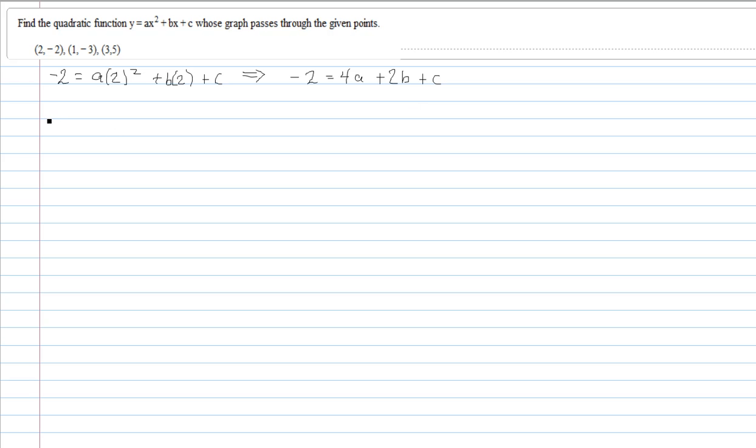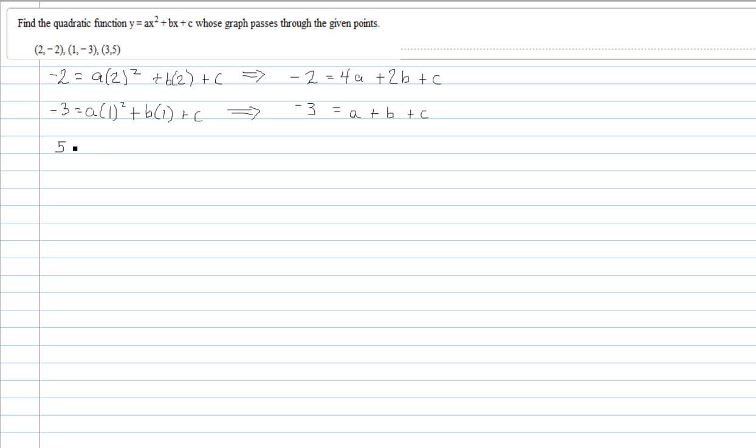We have the ordered pair 1, -3, so -3 equals a times 1 squared plus b times 1 plus c. And so now we have -3 equals a plus b plus c. The last ordered pair is 3, 5.